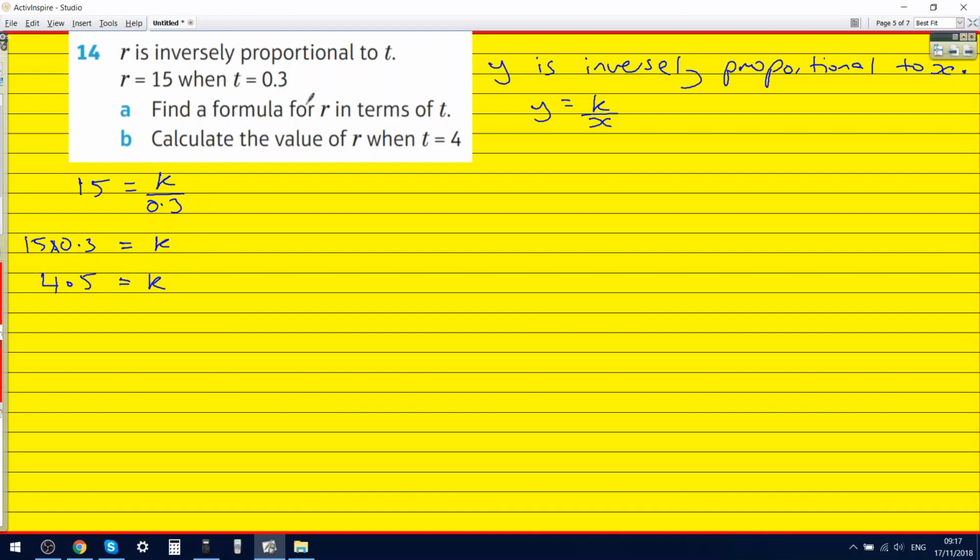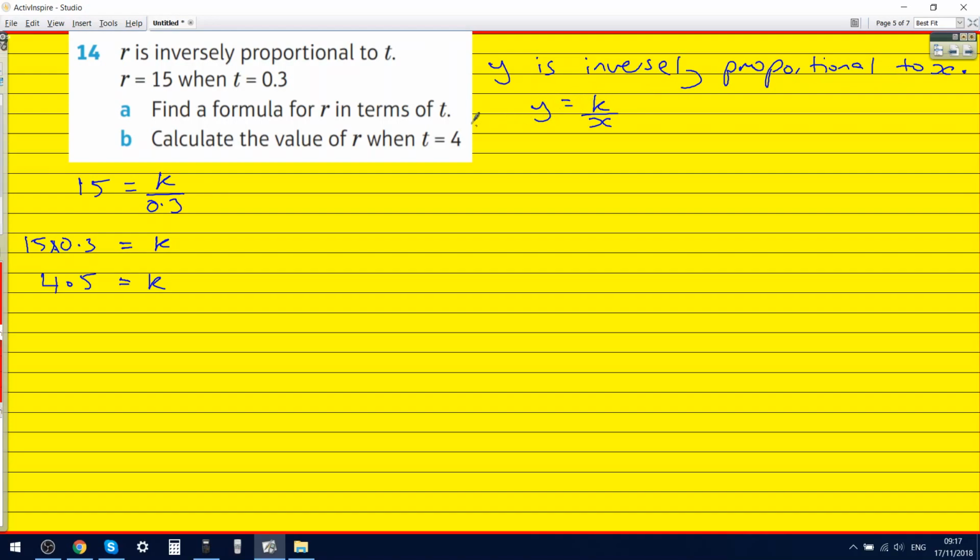And so what is a formula in terms of R and T? They want R and T in the answer somewhere. So what do I need to do now? You see up here, y is inversely proportional to x. That means y is equal to k over x.